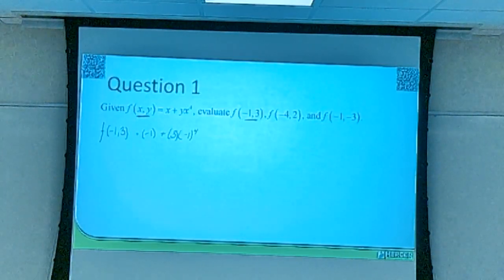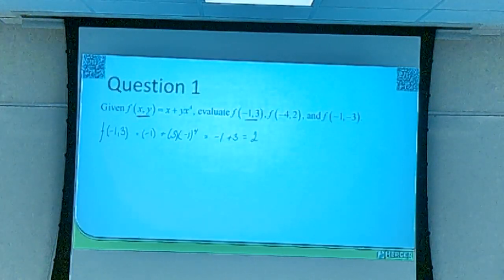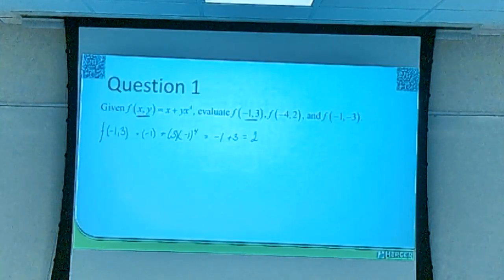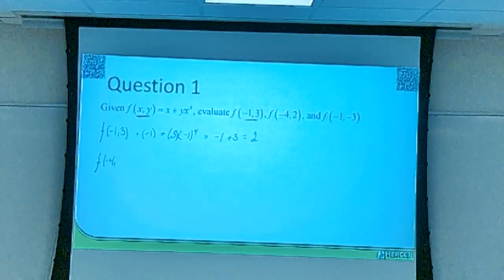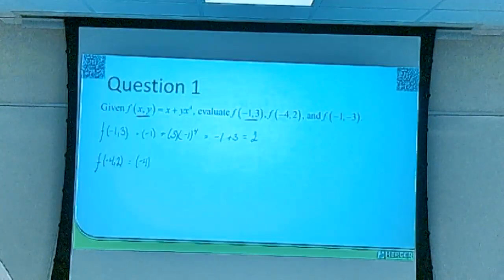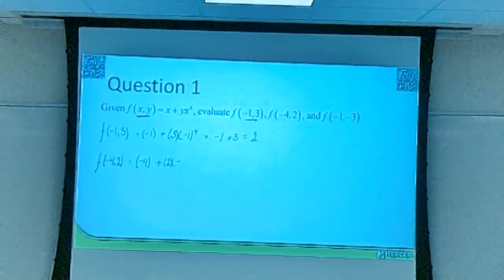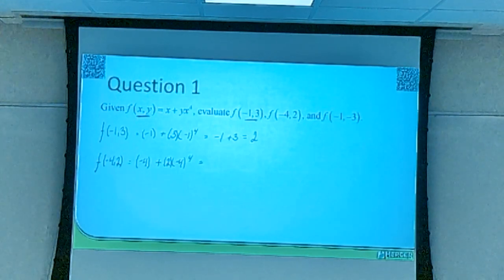Everywhere there's a y, plug in 3. It's just 2. And again, this can be extended to any number of variables. So what's -4 to the 4th power?